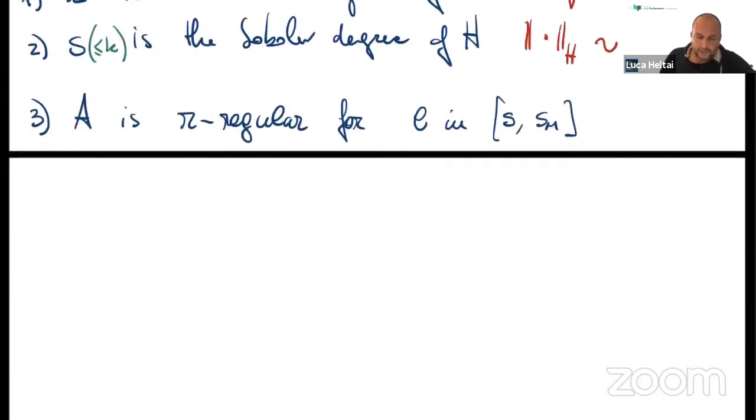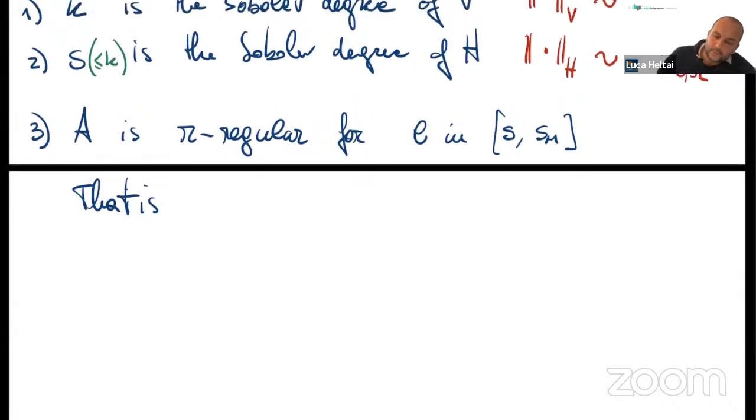What does that mean? Actually what we want to have is that A transpose is R regular for L in SM. So the adjoint problem is R regular.